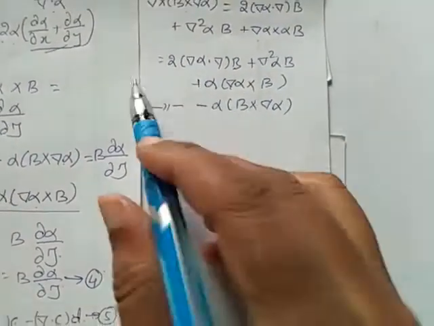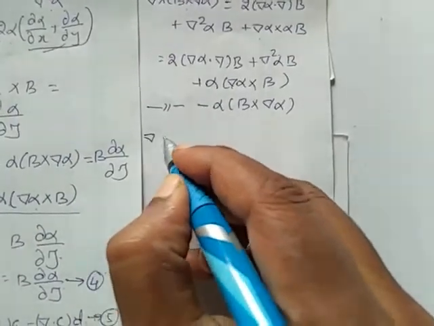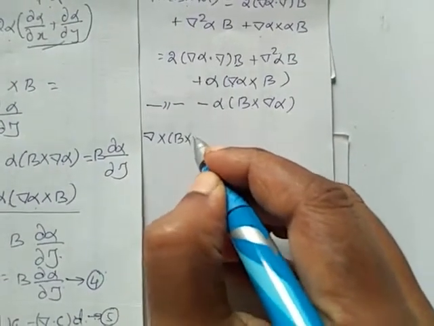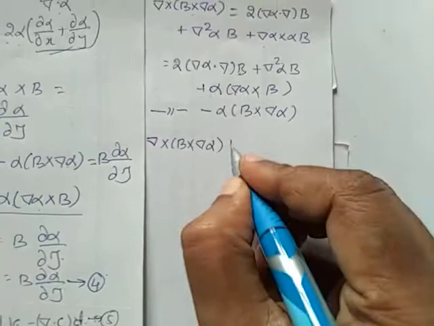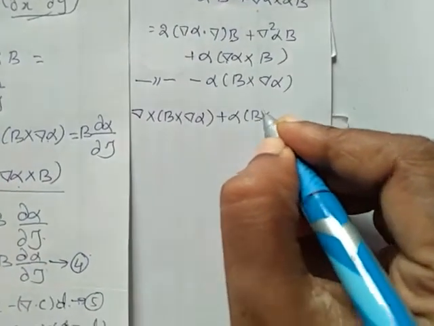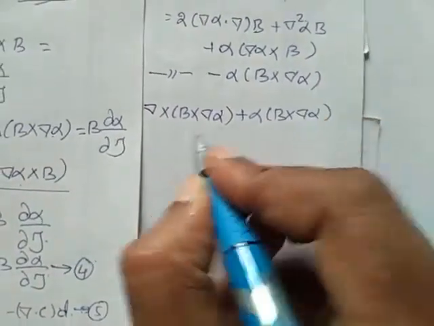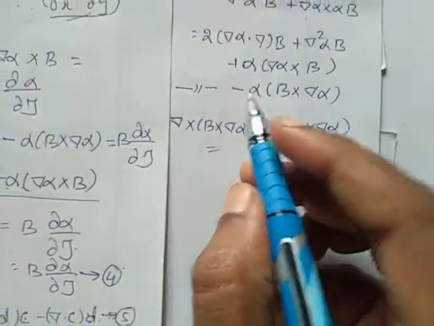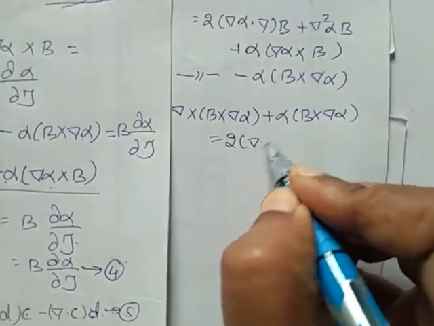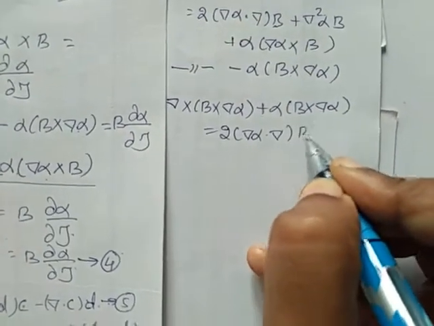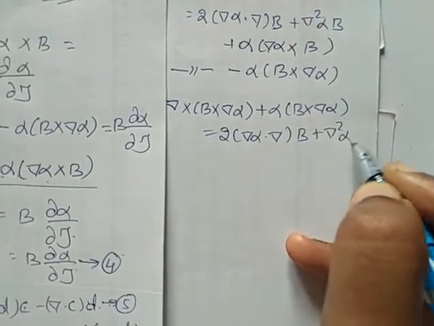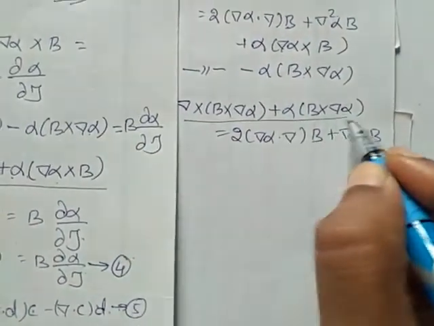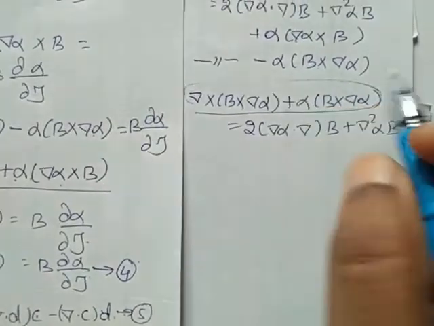Shifting this to LHS, our LHS is del cross B cross del alpha plus alpha B cross del alpha is equal to, our RHS is 2 del alpha dot del B plus del square alpha B. This is what we have to find in equation 4.